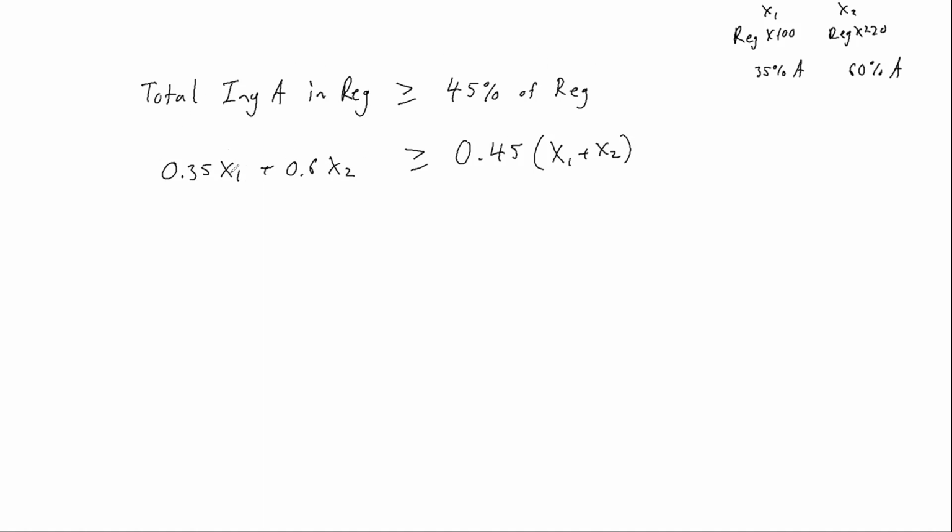So this is what my constraint has to look like. If you can set it up like this, then all's good, because now it's just a little bit of algebra. We just need to expand this out and then rearrange.